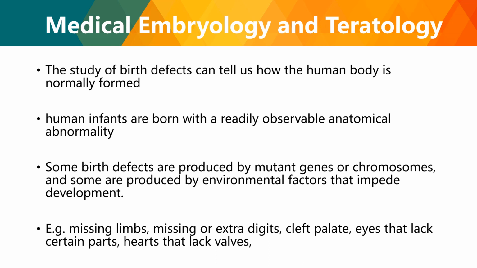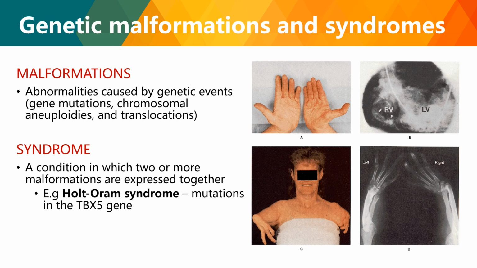Some birth defects are produced by mutant genes or chromosomes, and some are produced by environmental factors that impede development. For example, missing limbs, missing or extra digits, cleft palate, eyes that lack certain parts, or hearts that lack bulbs. Okay? So, genetic malformations and syndromes.